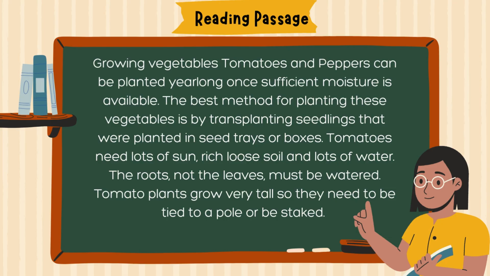Tomatoes need lots of sun, rich, loose soil, and lots of water. The roots, not the leaves, must be watered. Tomato plants grow very tall, so they need to be tied to a pole or be staked. So, using this passage, we're going to answer the following question.